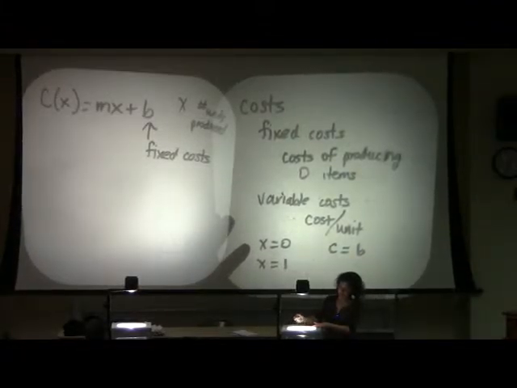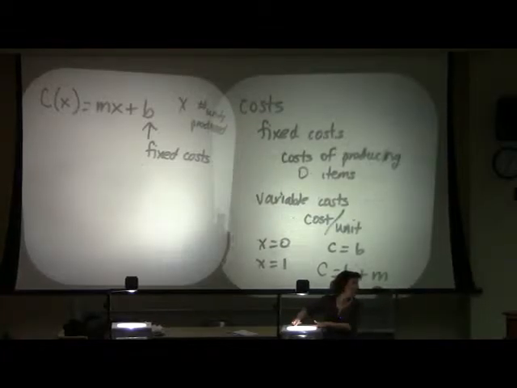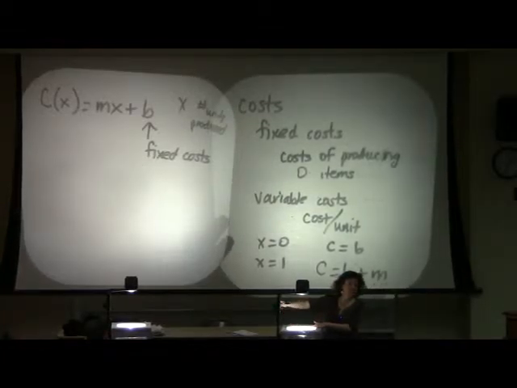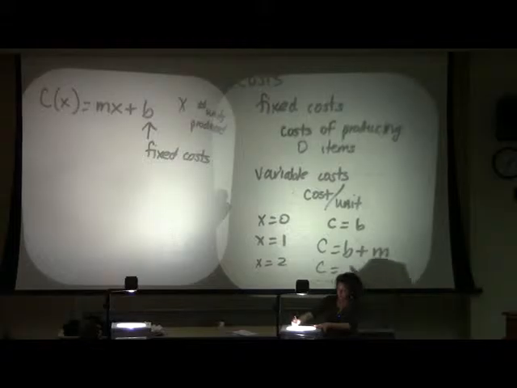All right, so if I say, when x is equal to 0, my cost is b. If x is equal to 1, in other words, if I make 1 unit, I still have my fixed costs, but don't I add on my m? Right, because if x is equal to 1, I just have m plus b. If I had x equals 2, wouldn't my cost be b plus 2m?